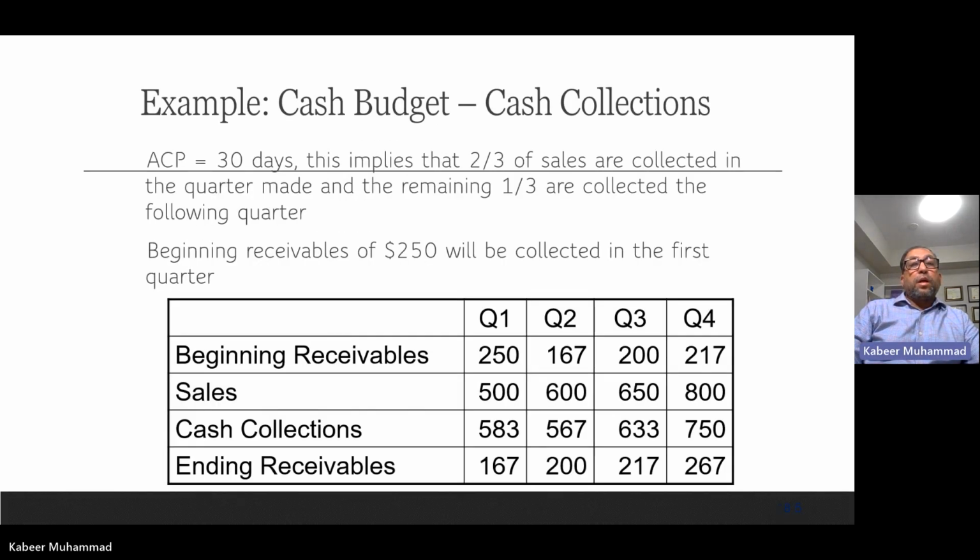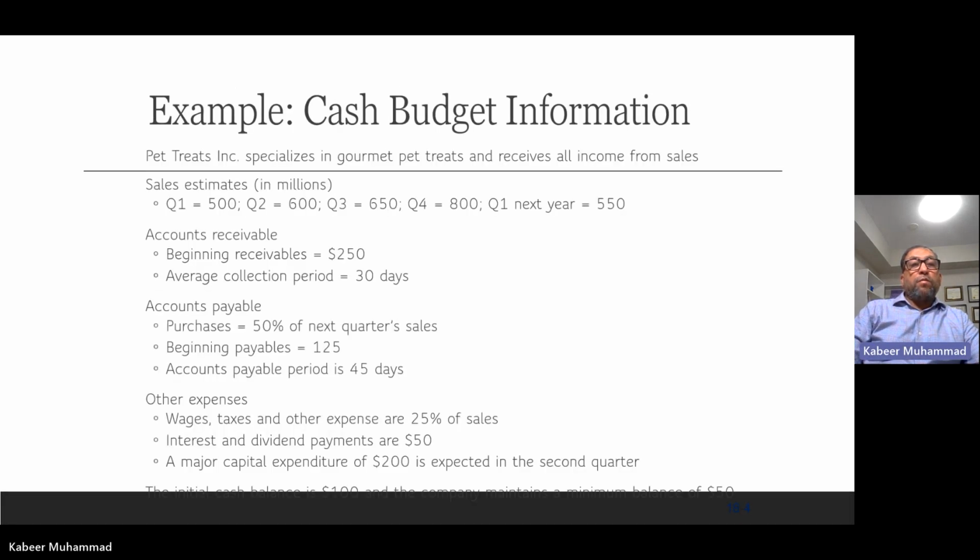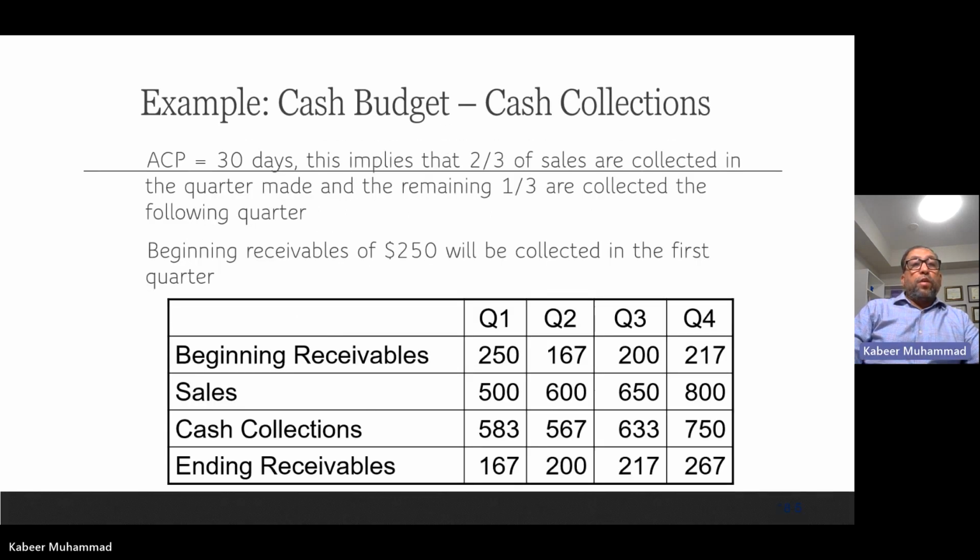Let's start with the average collection period, ACP, which is 30 days. It means that 2/3 of the sales of a quarter are received within that quarter, because a quarter is 3 months.